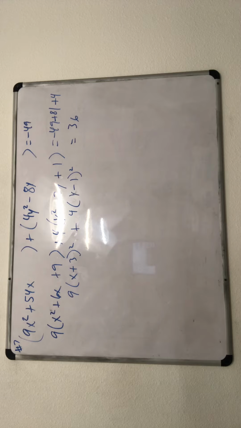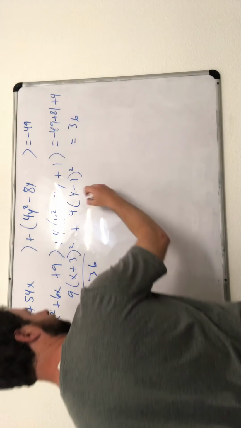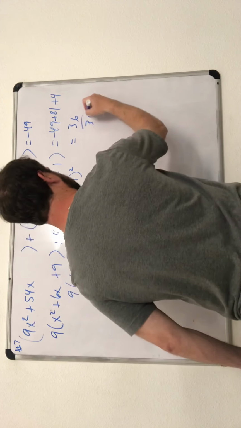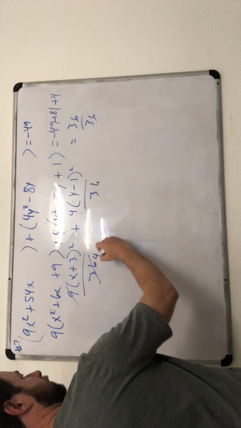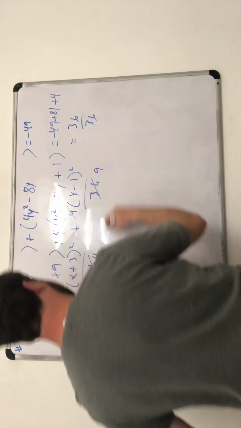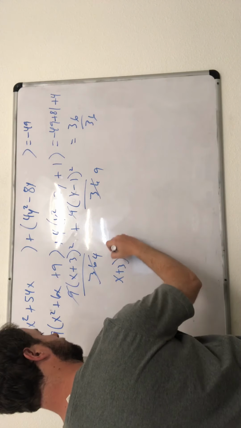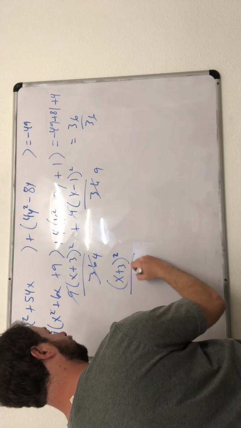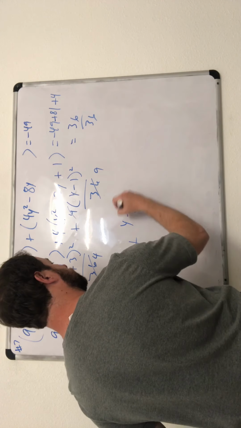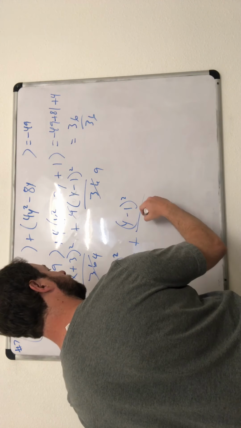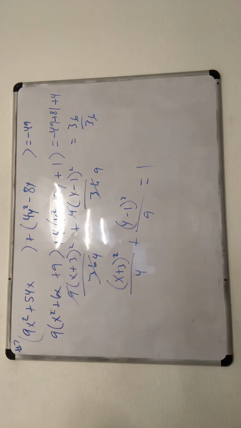Then we're going to divide everything by 36. So this will cancel, you're left with 4. This will cancel, left with 9. So we get x plus 3 squared over 4 plus y minus 1 squared over 9 equals 1.